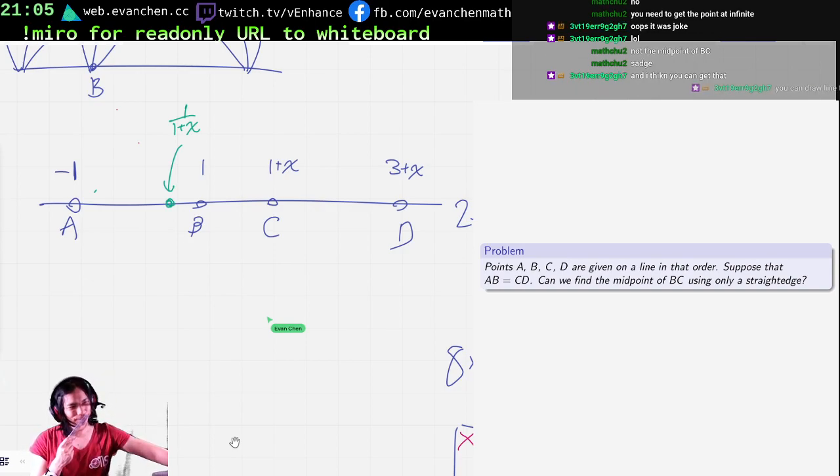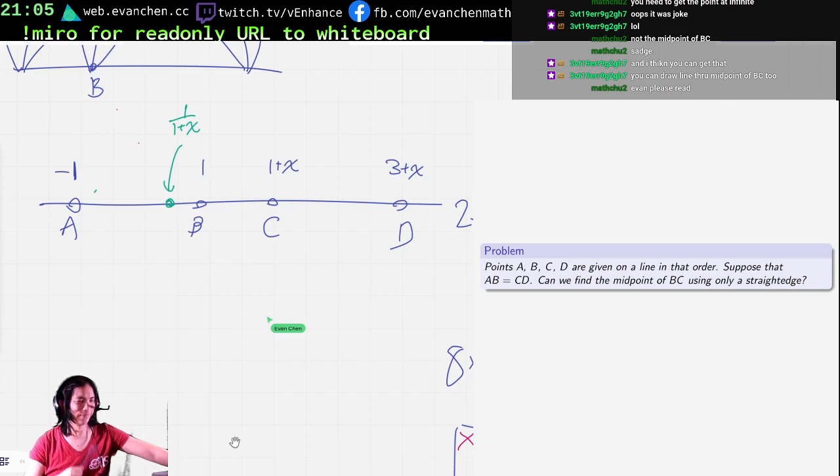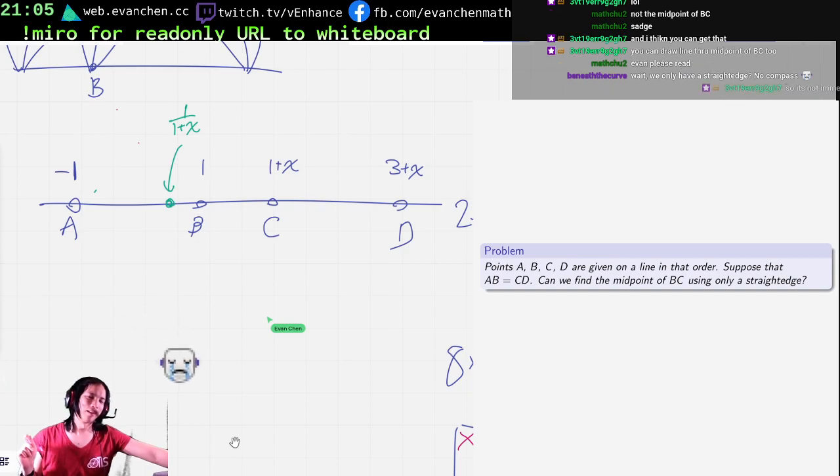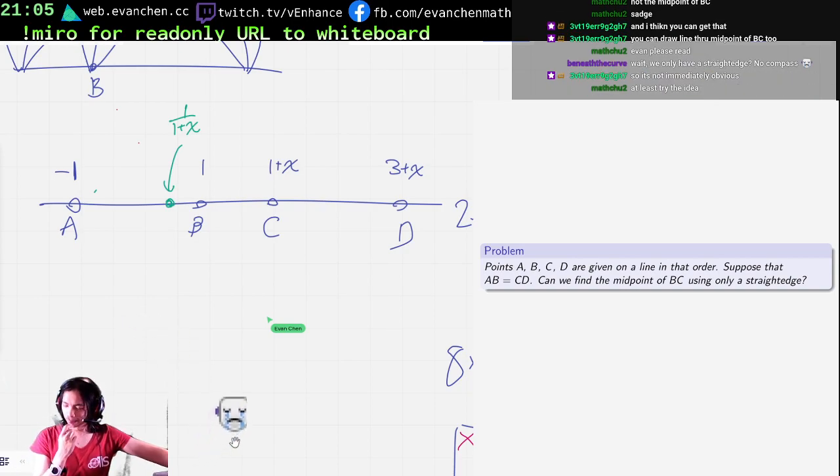Okay. Actually, I'm curious whether you can copy lengths, even. This is a little weird.